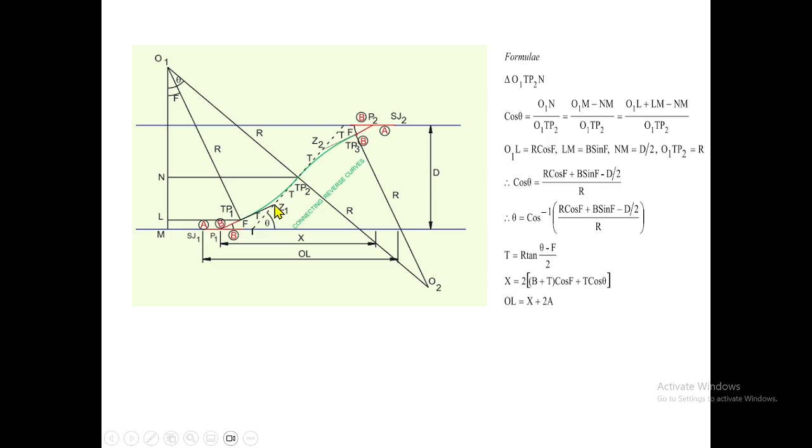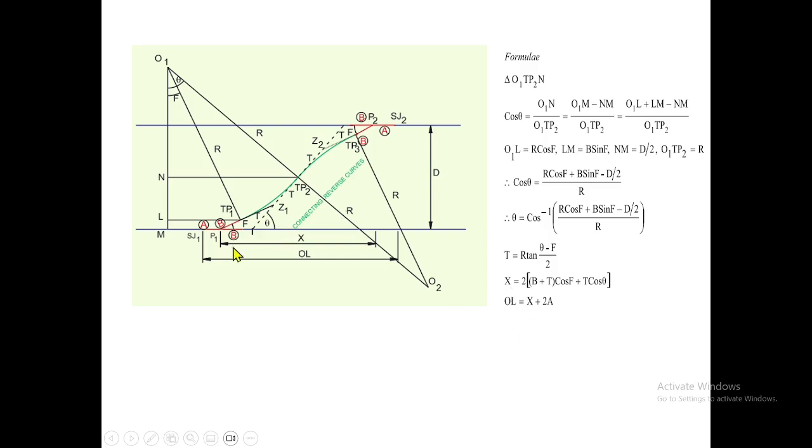Same values will be obtained, it is only symmetry, a replica. That is why 2 times b plus t cos f plus t cos theta. Up to this value into 2 times, we will be able to get x. That is x equal to 2 times of b plus t cos f plus t cos theta.